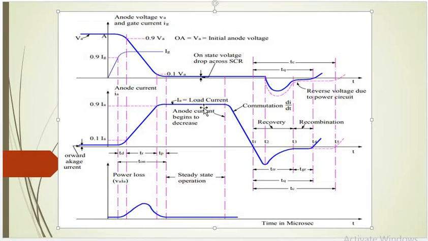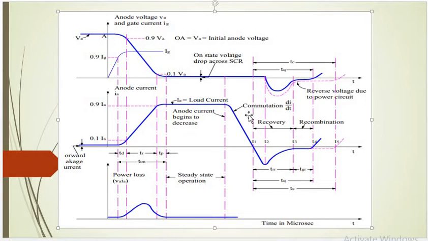Once we turn off, the current is going to decrease and the voltage value is going to increase. If you want to turn off, the anode current value has to decrease. So here we have mentioned the word commutation.